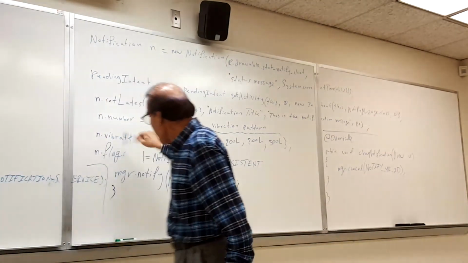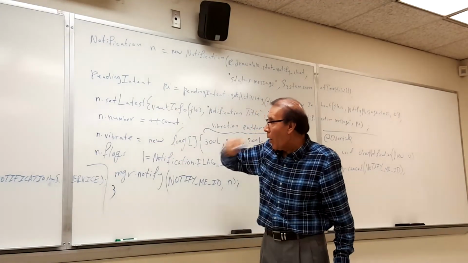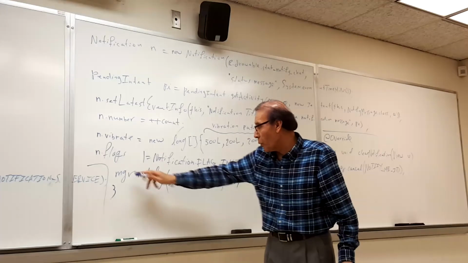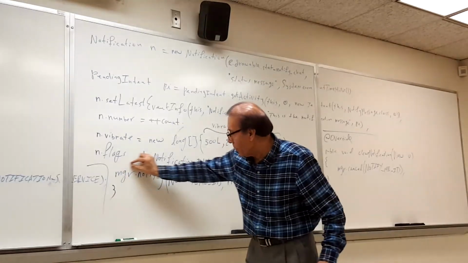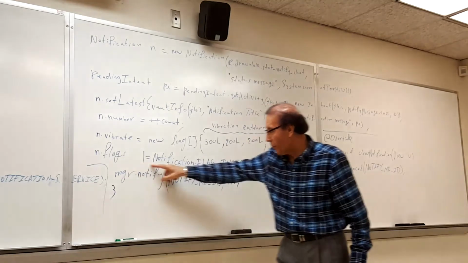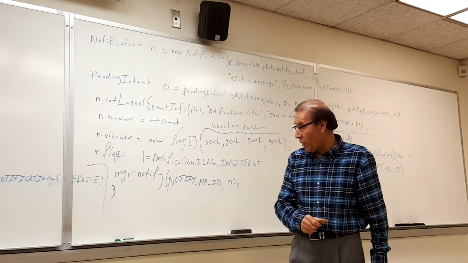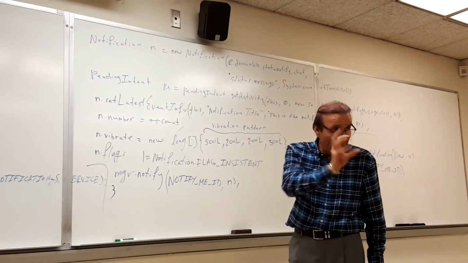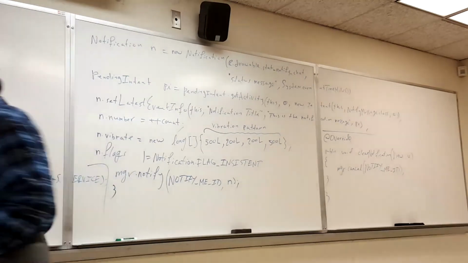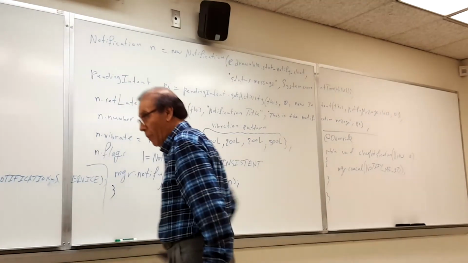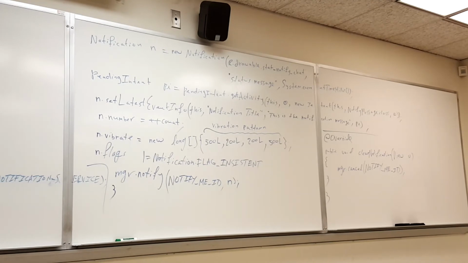So right before calling notify, in this area, you could take care of blinking light. Let me show you how. These are all optional, by the way. You don't have to do it in all of your notification programs.